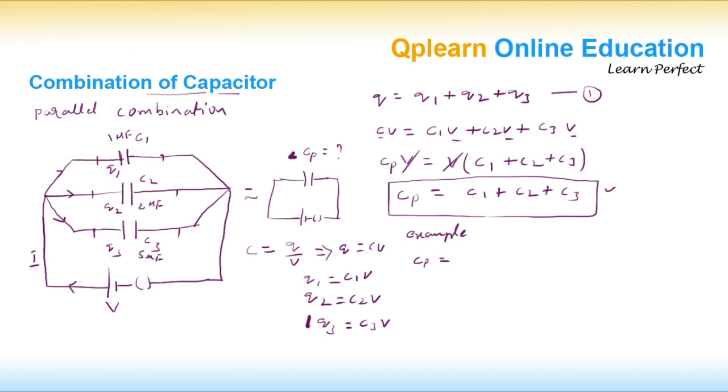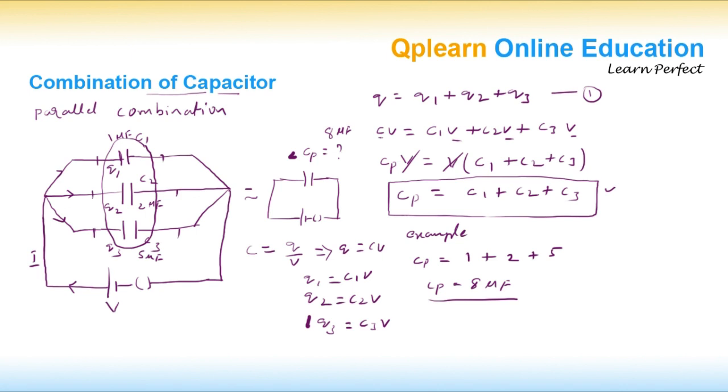Cp is equal to 1 microfarad plus 2 microfarad plus 5 microfarad. 5 plus 2 is 7, 7 plus 1 is 8. So Cp is equal to 8 microfarad is the answer. So we can connect an 8 microfarad capacitor here instead of all three.